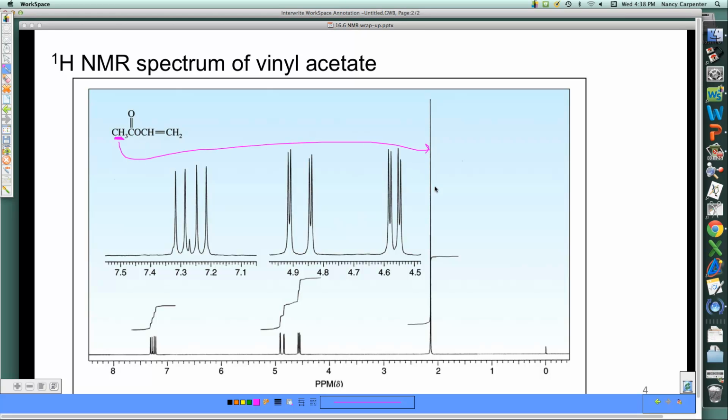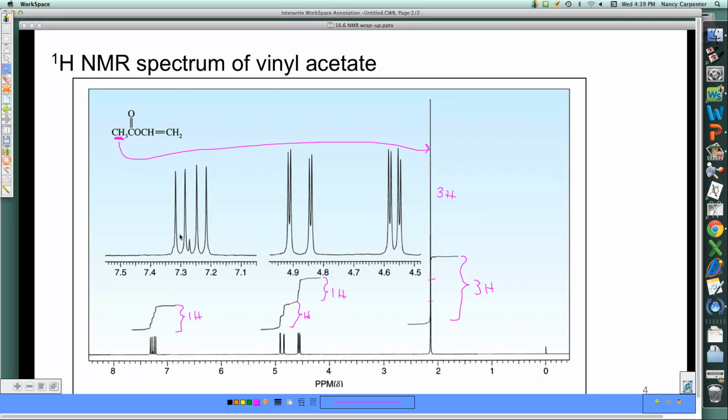Right over here, a nice 3 hydrogen singlet. Let's see if that makes sense. If this is 3 hydrogens, then these integrals should all be 1/3 the height of this, and that looks about right. So these are each 1 hydrogen, 1 hydrogen, 1 hydrogen.